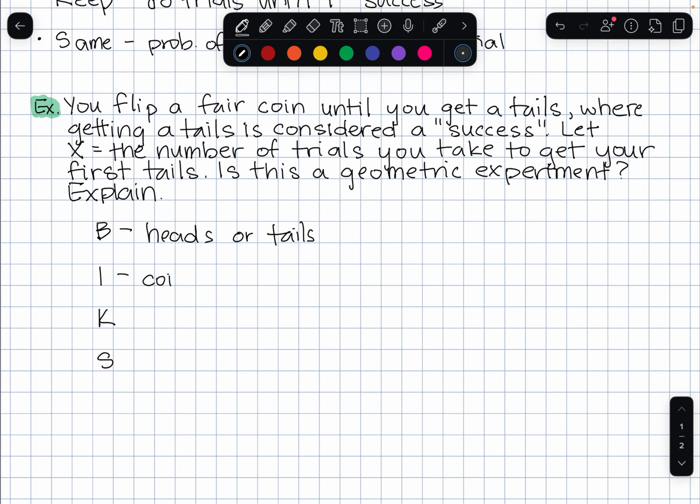Coin flips are independent by nature. For K, we keep going until we get a success, and that's exactly what we're doing here. X equals number of trials until success.